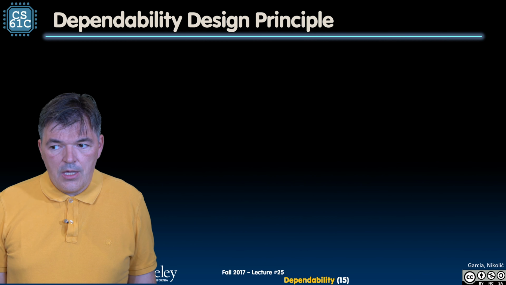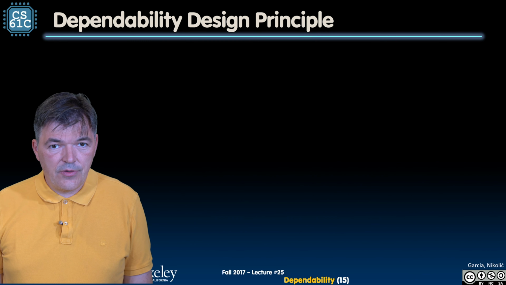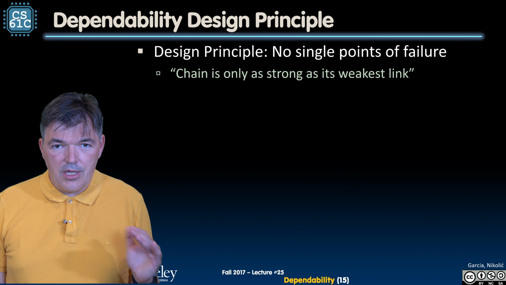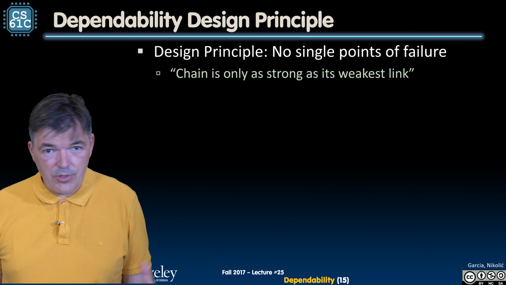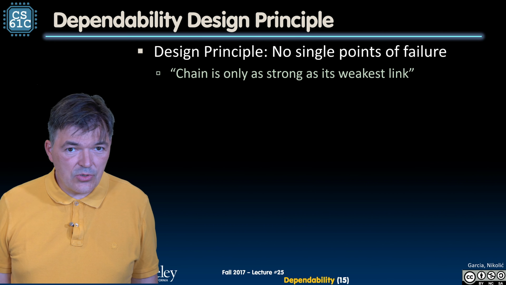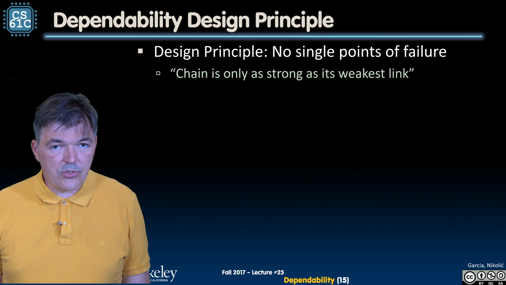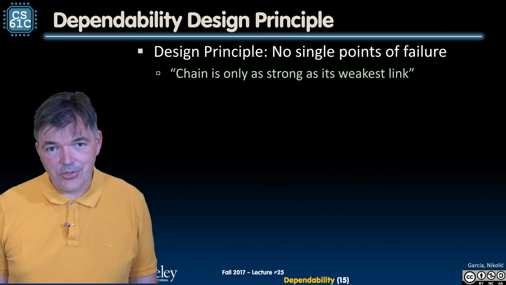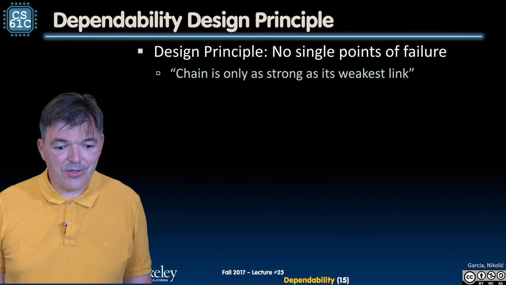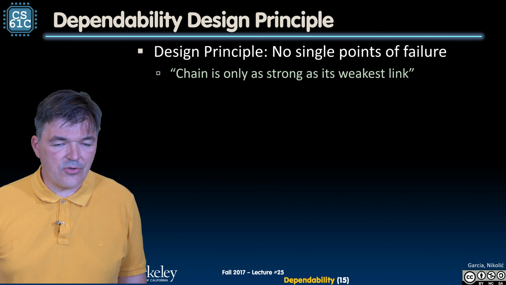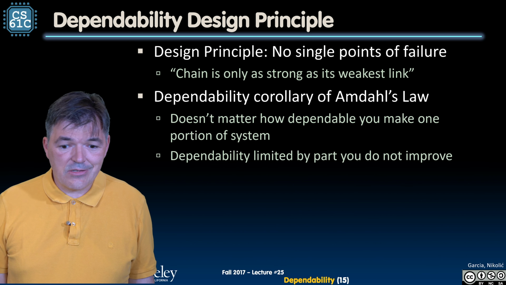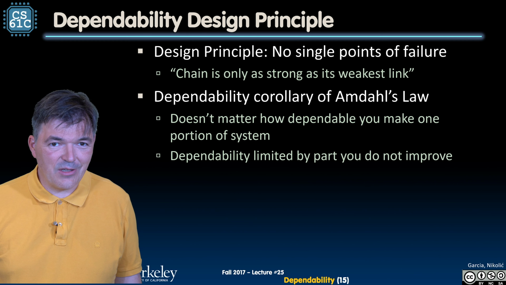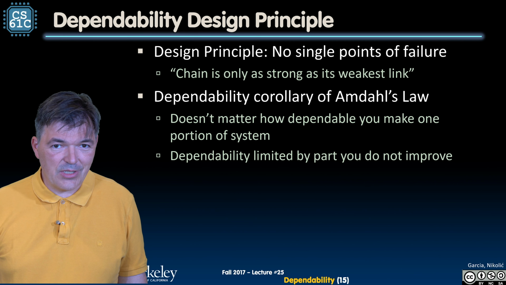Okay, so design principles of dependability are as follows. When we are designing a system that we should depend on, there should be no single point of failure. And the analogy of that in common terms is that the chain is only as strong as its weakest link. There is a pretty good corollary here of Amdahl's law.